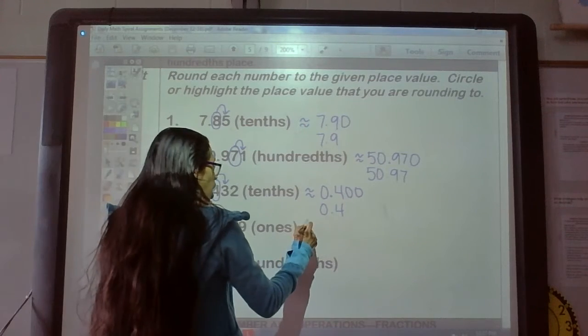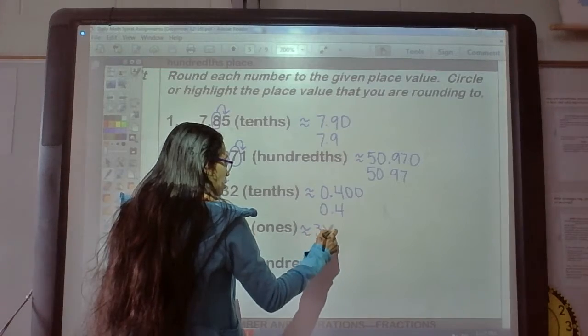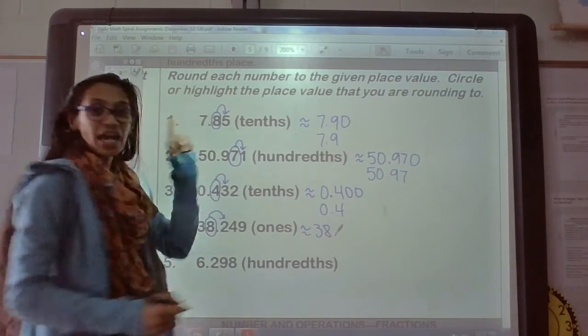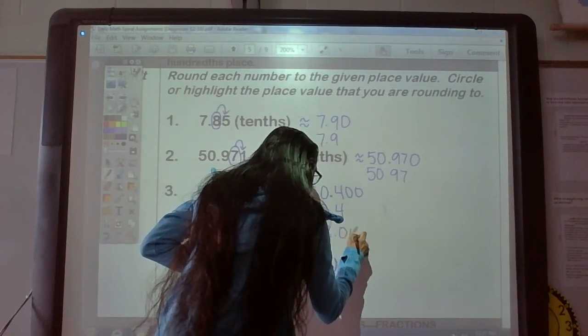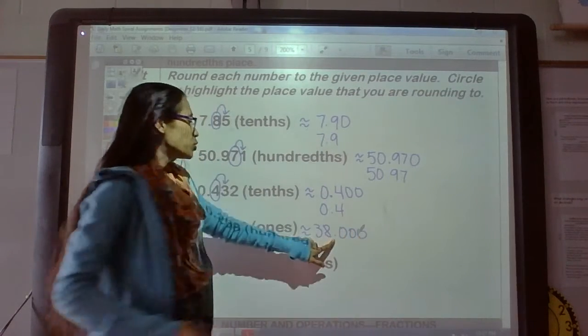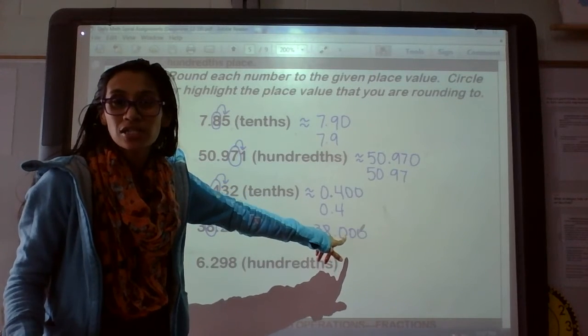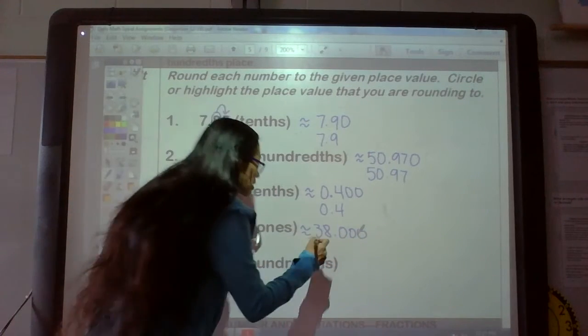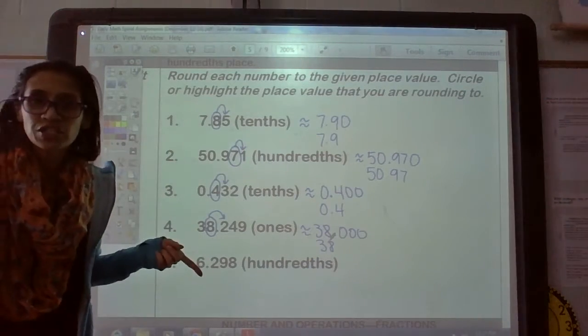That is right. Approximately, we're going to have a 38. Then the decimal. And then everything becomes zeros. Now, you have a decimal and all these zeros, so it is the same number as just the whole number 38. Bam, just like that.